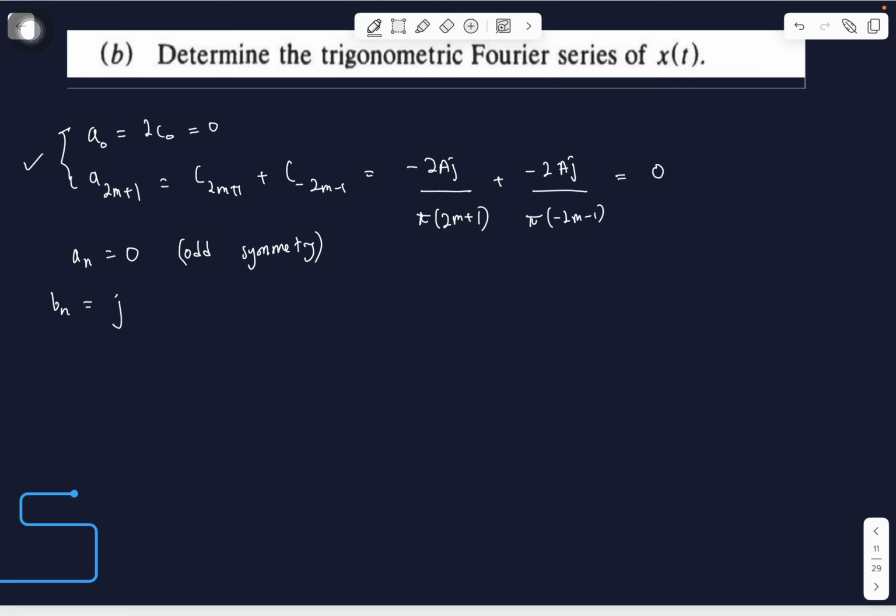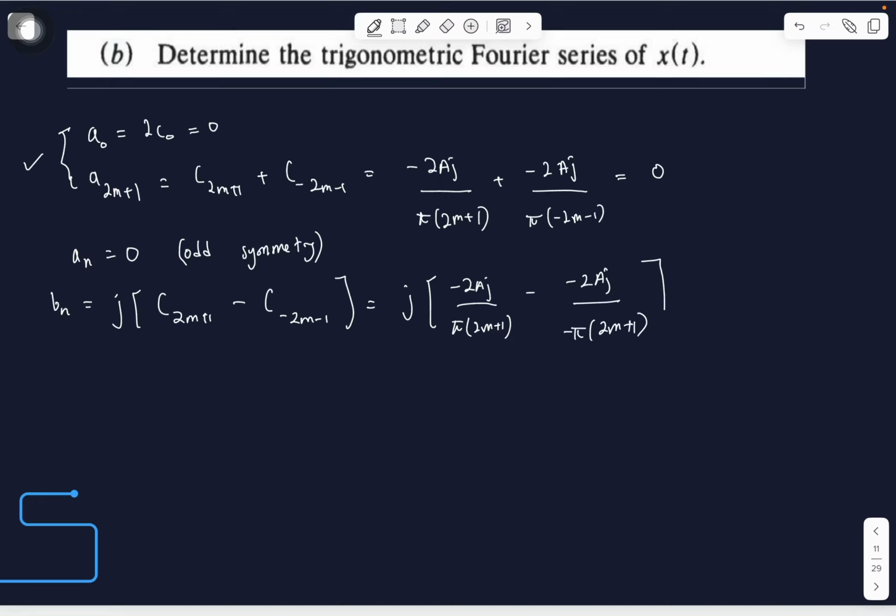So bn is equal to j times c 2m plus 1 minus c minus 2m minus 1. It's going to be j times minus 2aj by 2m plus 1 minus 2aj negative pi 2m plus 1.